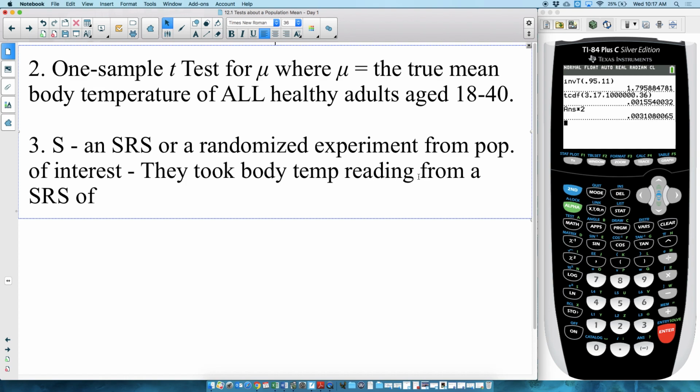Do we have to say that they took the temperature readings over a period of 3 days and randomized? Yeah, healthy 18 to 40-year-olds randomly. Do you guys think it's important that we mention that? I think we're supposed to. Just to be safe, over 3 days.